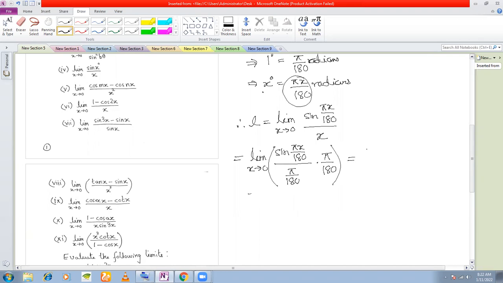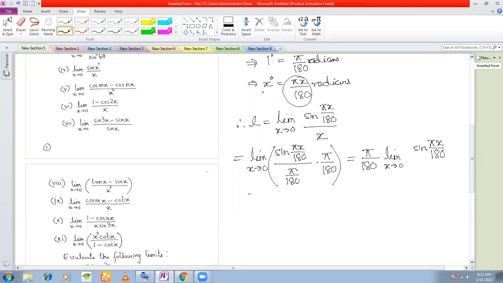Now pi by 180 is a constant, so you can take it out of the limit. So pi by 180 limit x tends to 0 sine pi x by 180 into we need to divide by pi x by 180.